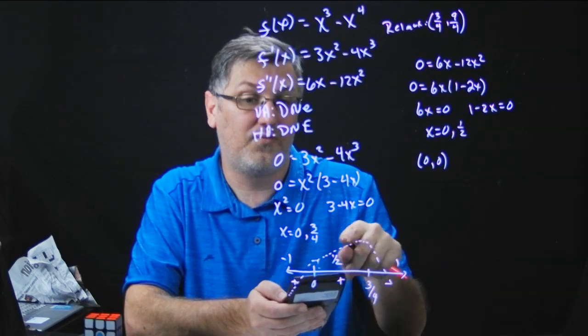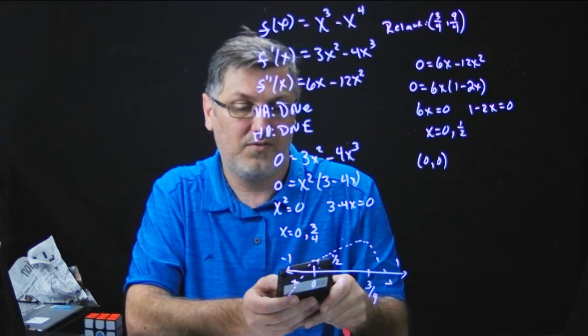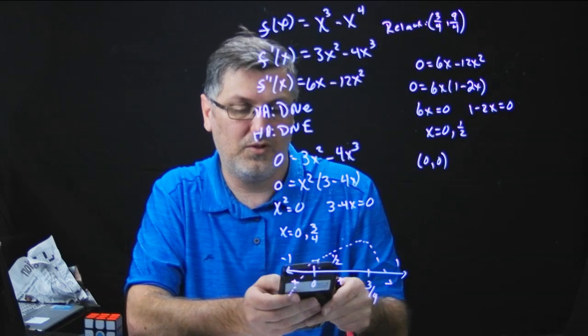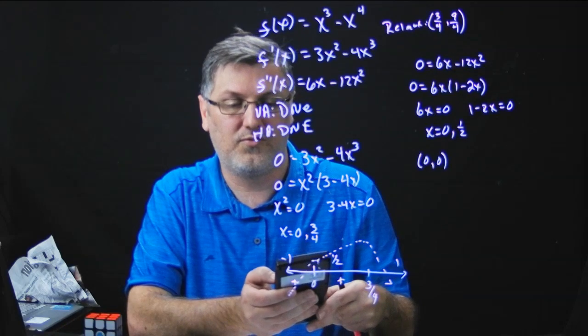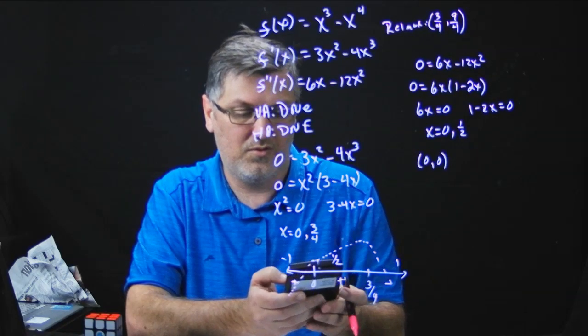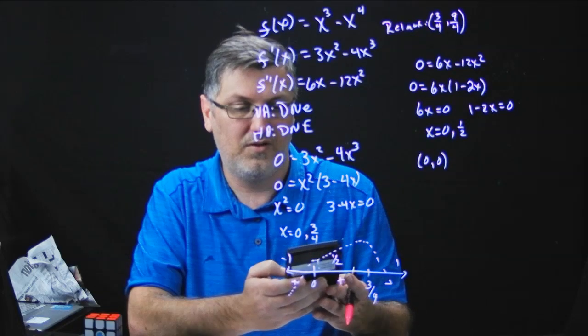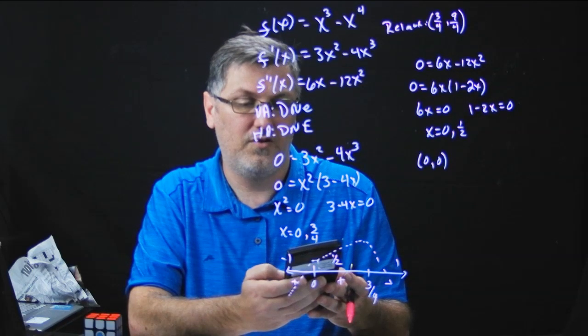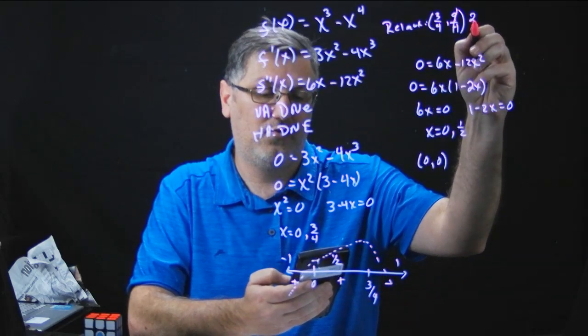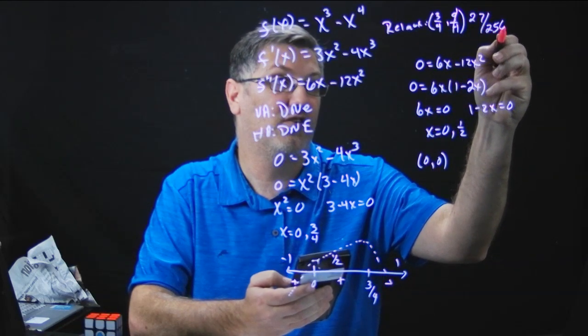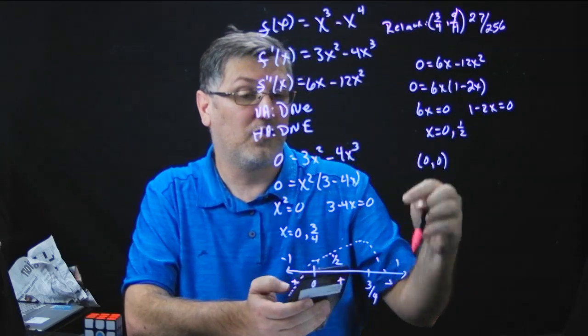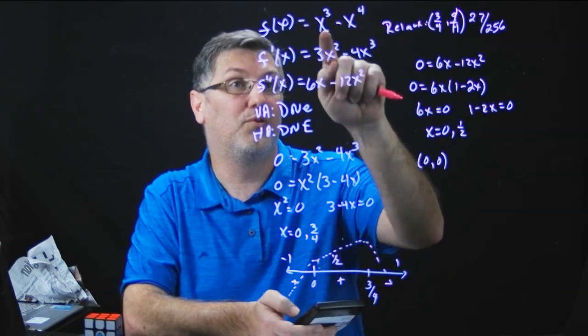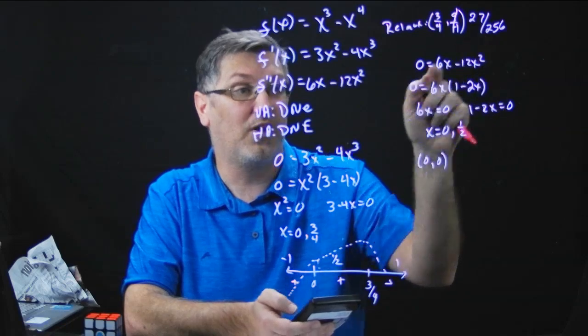So 0.75. This should be 27 over 256, because if I take the 3/4, plug it back into my position function, this is what I get.